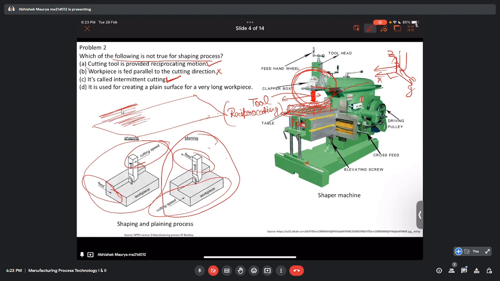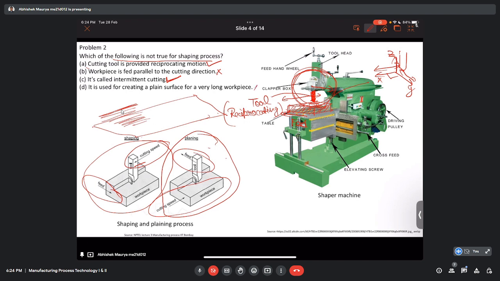So although the process is almost similar, only the motions, feed and cutting, are exchanged. If we go technically, this D is not the correct answer, but more or less the process is the same.